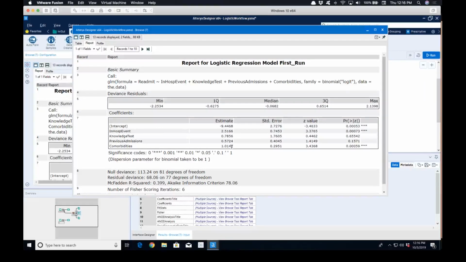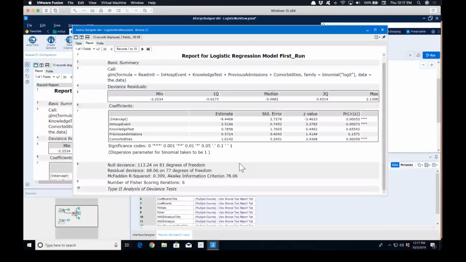So the more comorbidities, the higher their predicted Logit goes, meaning the higher the probability that they are going to be readmitted. So the two things that are driving the bus here are if someone has an in-hospital event, and the more comorbidities they have, the higher the probability that they're going to be readmitted into our hospital.